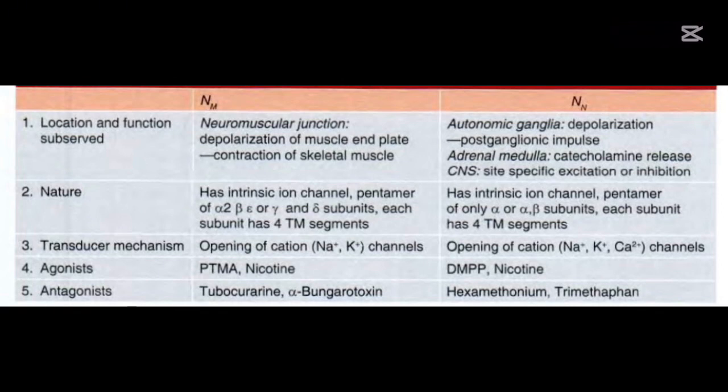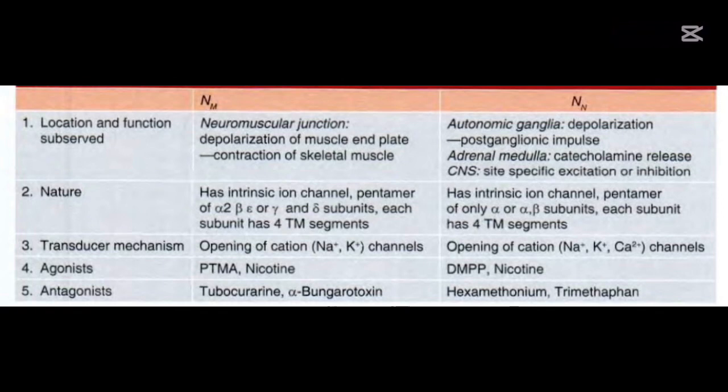So the muscarinic M1 receptor is present in the autonomic ganglia, while for the nicotinic receptor it is the NN receptor. So the NM receptor is present in the neuromuscular junction, so we call it the neuromuscular receptor, while the NN receptor is present in the autonomic ganglia.